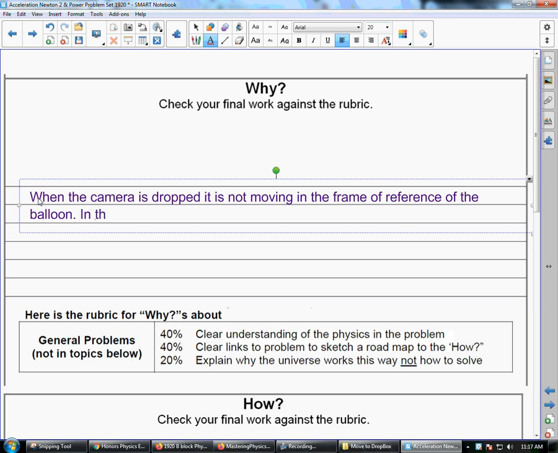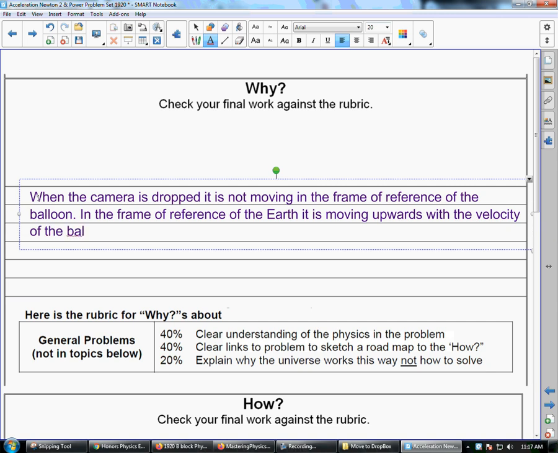Yes. In the frame of reference of the Earth, it is moving upwards with the velocity of the balloon.